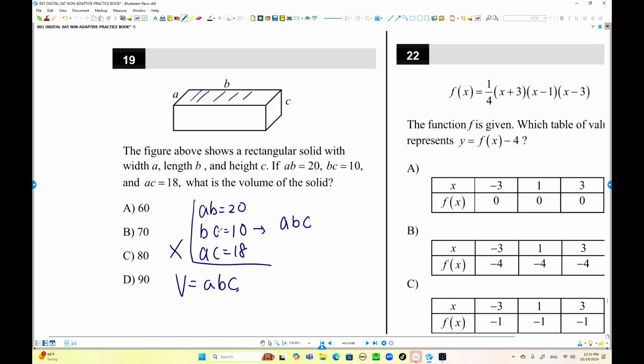A squared, b squared, c squared, that is equal to 20 times 10 times 18, which is 3600, right? How can you find abc? The square root. Abc equals positive square root of 3600 equals 60, okay? Yeah, 60 is the answer. Or you can plug in some numbers to find the value of abc, but sometimes it works, other times it does not work. When we have fractions, it takes time.